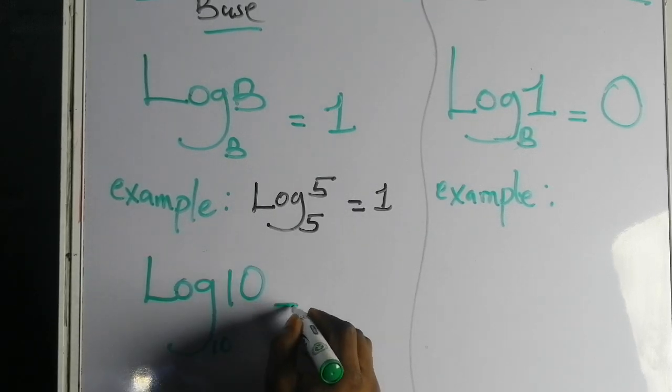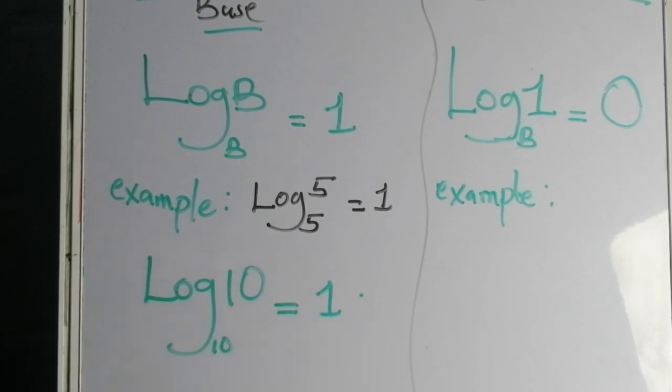This is also equal to what? 1. And don't forget, I've mentioned in the past that anything raised to power 0 is also equal to 1. But in this case, for logarithm, log 10 to base 10, the same number, is equal to 1.